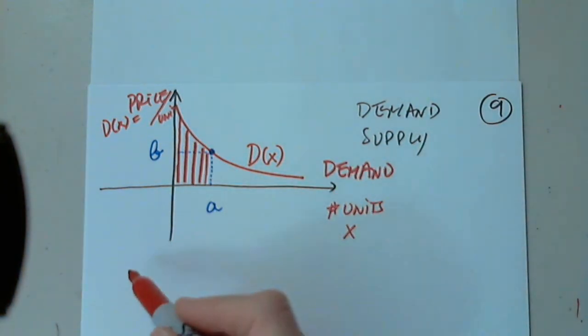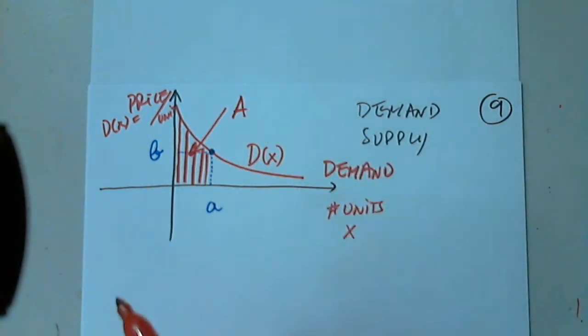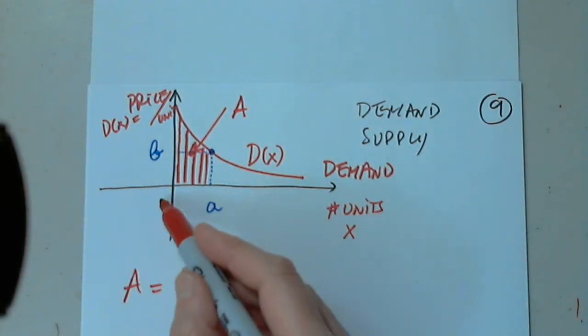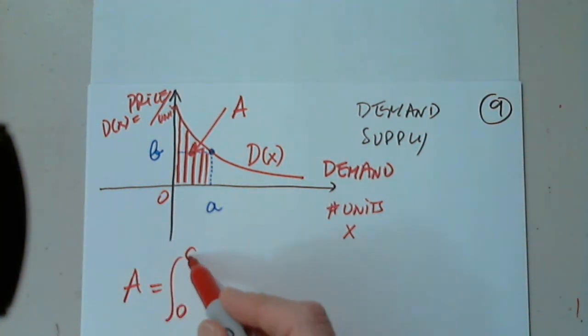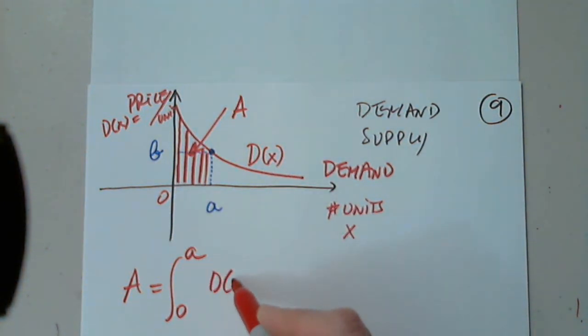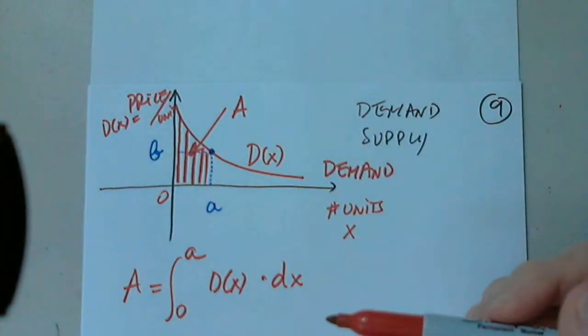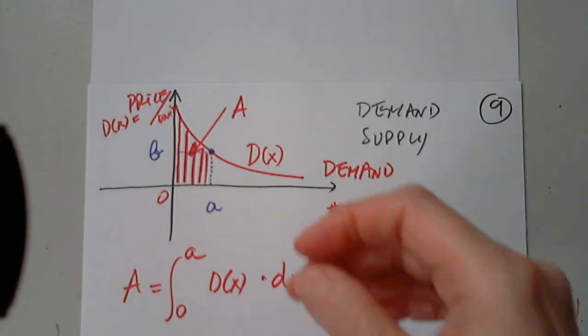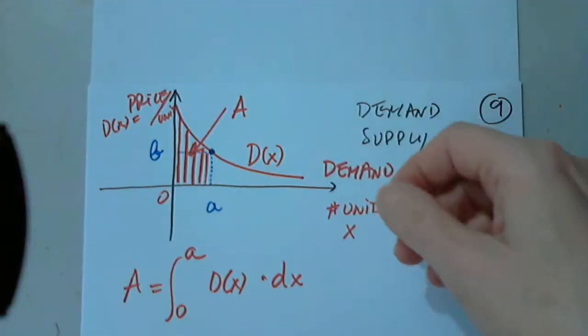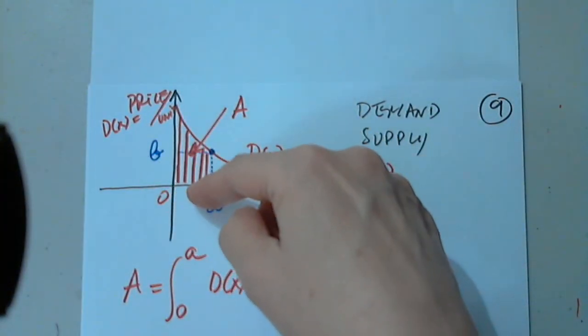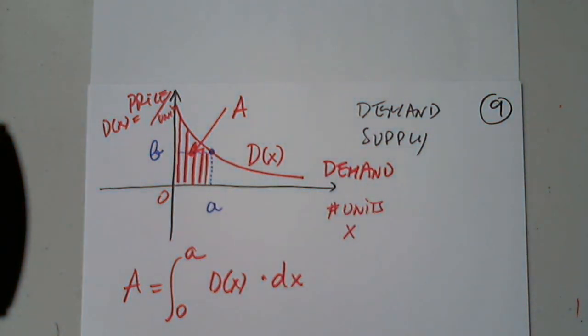Yes. So this area can be easily determined by the integral from 0 to A of D of x times, of course, dx. Very easy. What does this area represent? The area represents the total consumer expenditure and surplus.